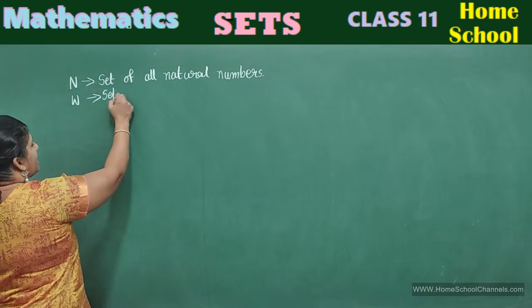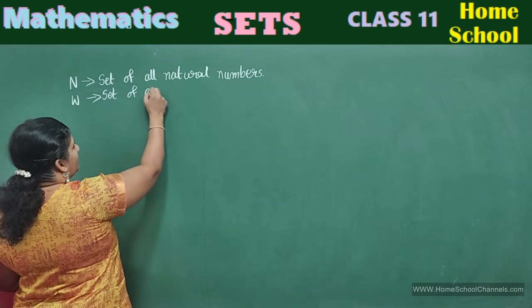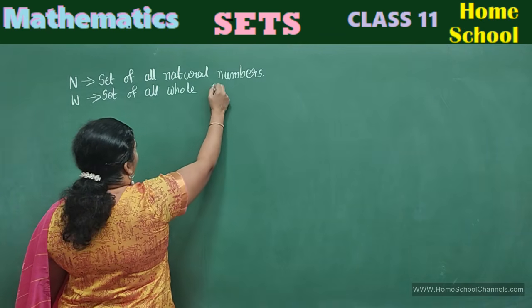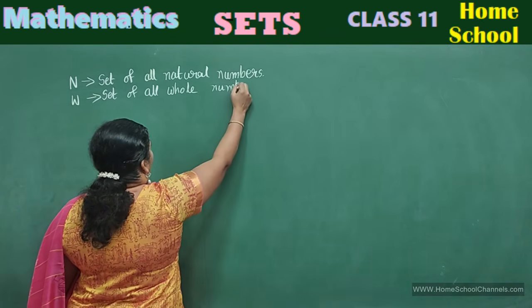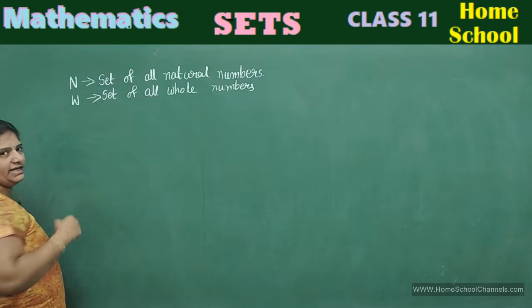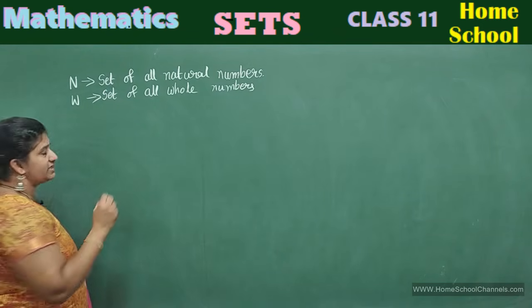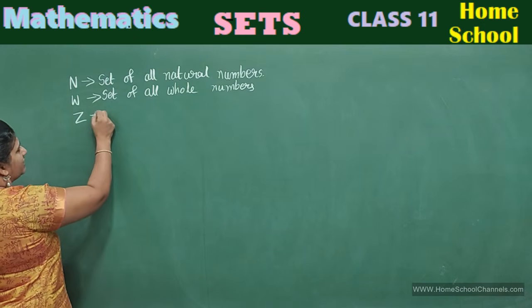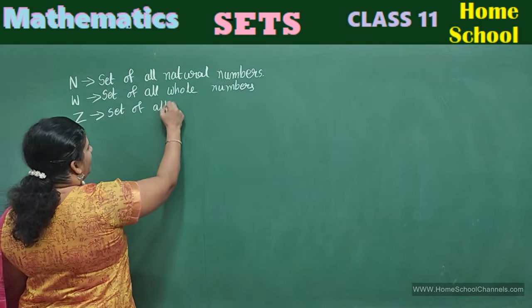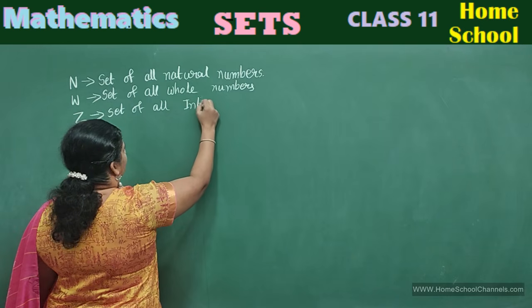The whole numbers are represented by capital W, the set of all whole numbers. Next, coming to integers. Integers are represented by the letter capital Z, the set of all integers.